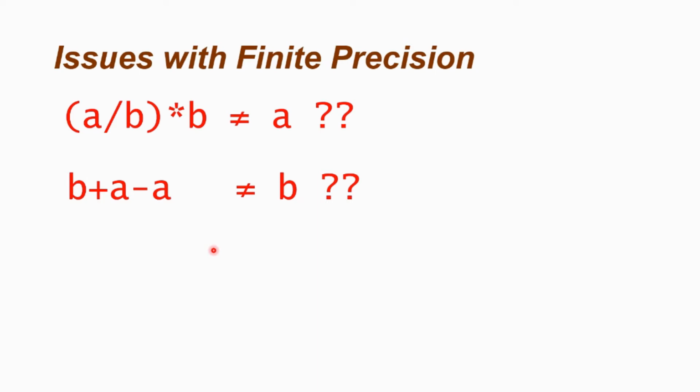So what are some of the repercussions or the bad effects of this finite precision? Since we cannot store any binary fraction with infinite bits, we have to choose a finite number of bits for storage. And this causes a lot of mathematical problems.